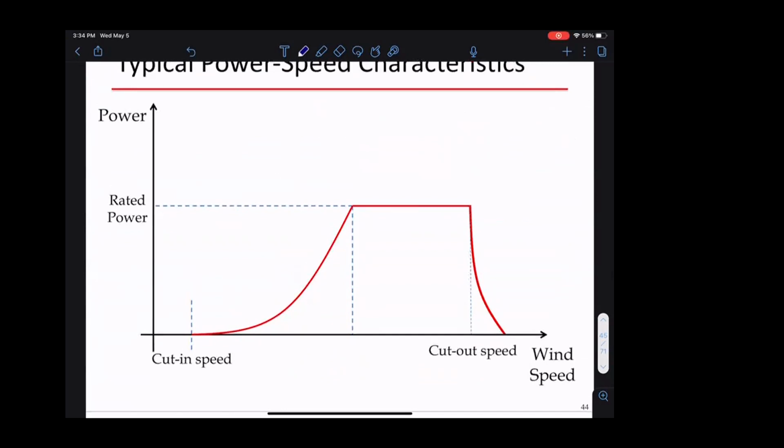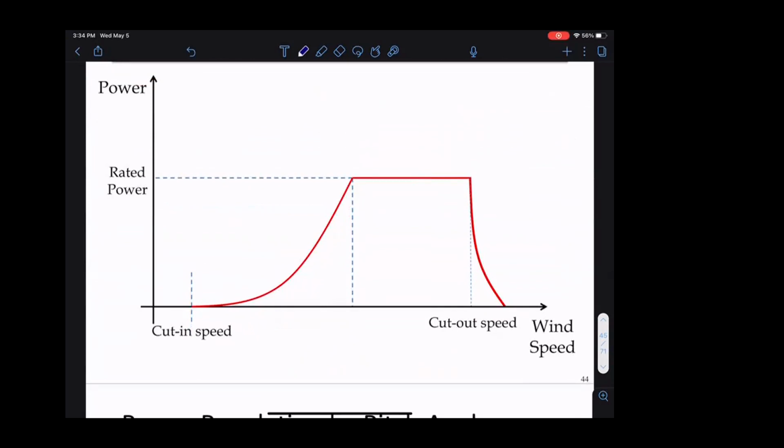We have some speed where the wind turbines start generating power, and after that, the power stays constant, then we cut it off. Here we're trying to hit max CP, trying to generate as much power as possible. Then when we hit the rated power, we want to track the rated power.